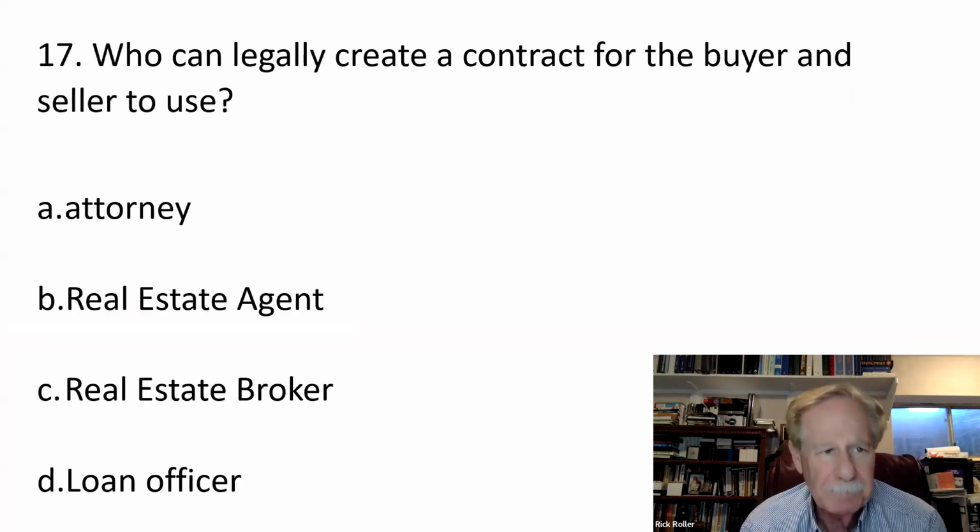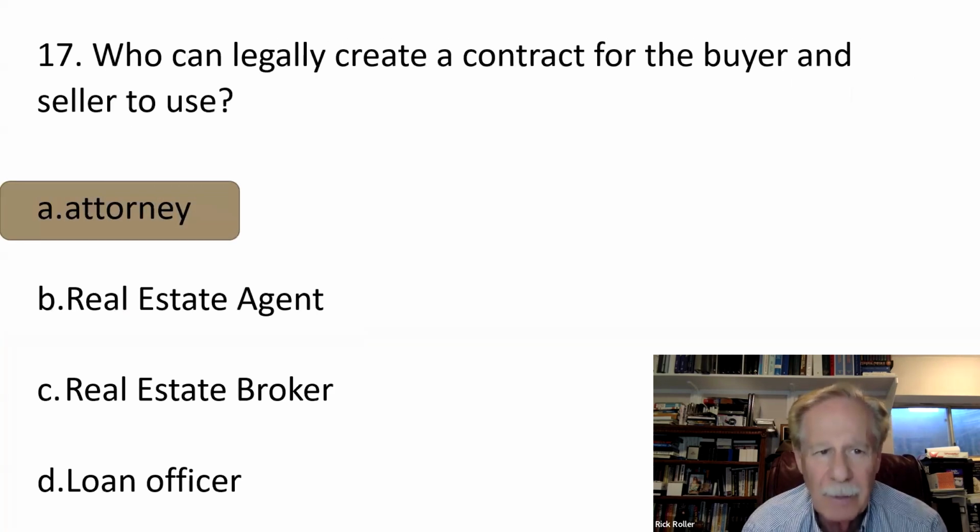Number 17, who can legally create a contract for a buyer and a seller to use? Create a contract. Well, it's not an agent, it's not a broker, and it's not a loan officer, guys. I mean, who writes contracts? We don't create a contract. We fill out the form of an approved agreement that's been created for our use.